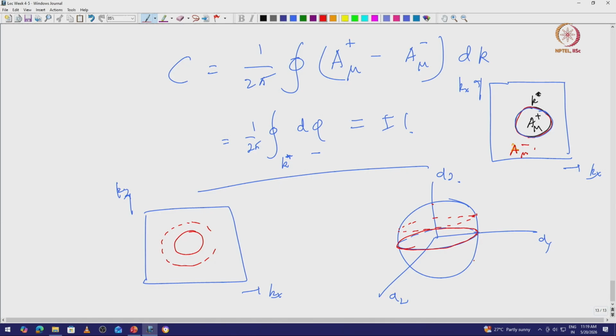You can start from any point, take this one as your chart and this one as the other chart. The topology will remain the same, because all this information is gone. It only depends on the winding on the phi plane, which is phi. It does not matter at what value of theta this is happening, the theta drops out completely.